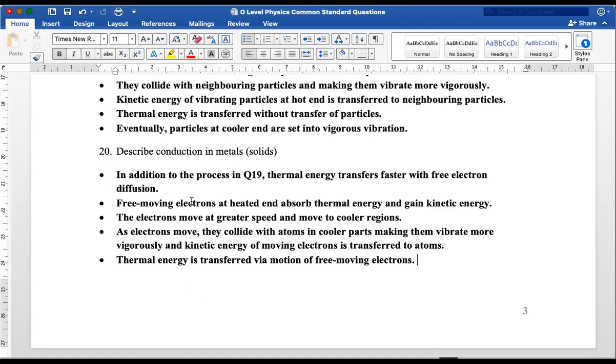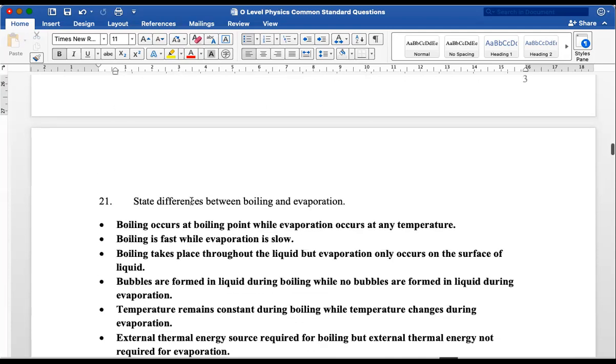As electrons move, they collide with atoms in cooler parts, making them vibrate more vigorously, and the kinetic energy of the moving electrons is transferred to these atoms. Thermal energy is transferred via the motion of free moving electrons.